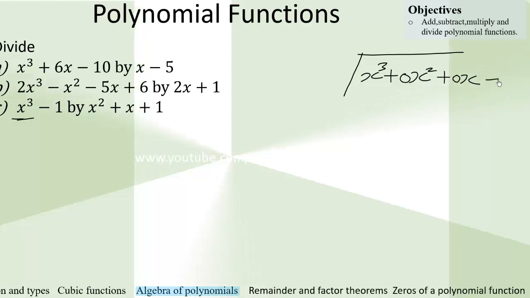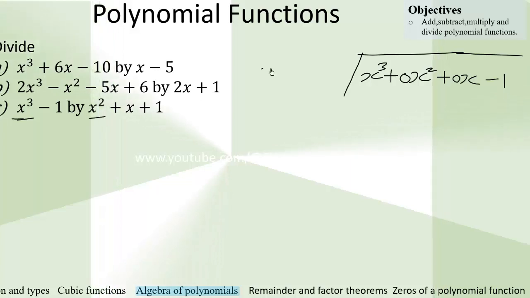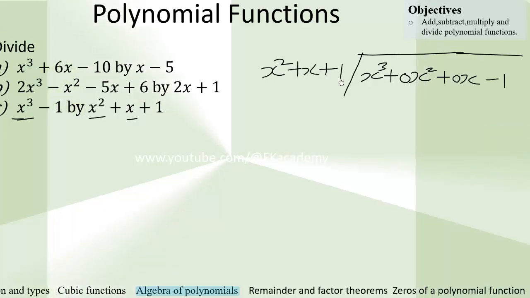Then we have minus 1. Then this time the divisor is x squared plus x plus 1.